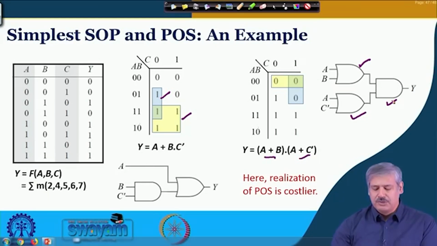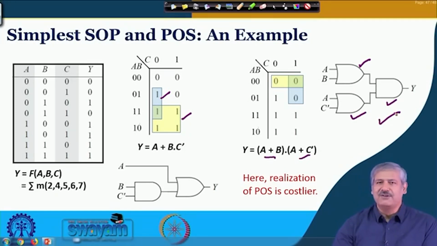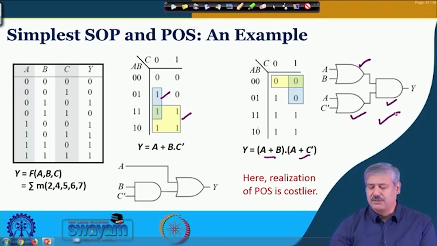Okay. So, if you look at the complexity and ask which one is the costlier implementation, of course, the POS is a costlier implementation in this case. It is very clear, very evident here, isn't it? So, if you look at the number of inputs and number of logic gates that are used here.